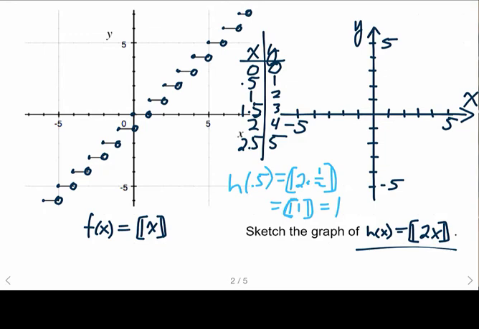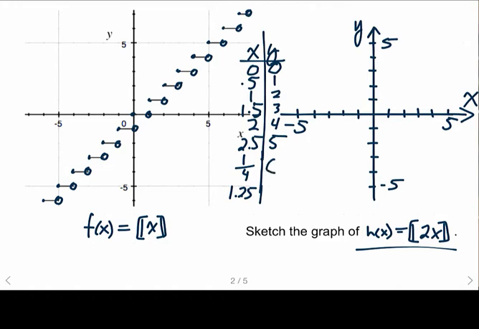And it seems to me like I might want just 1 or 2 more to kind of really seal the deal. So let me clear what I just wrote. And a couple more to help us see what's going on. Maybe a 4th and like 1 1/4. Maybe that'll help us. So the greatest integer of 2 times a 4th is going to be 0.